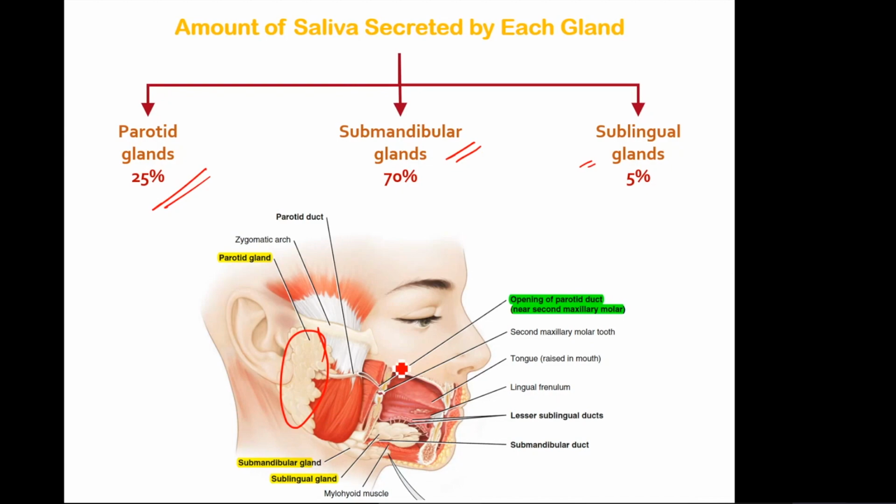But you have to know that most of the saliva is secreted from the submandibular gland, which represents about 70%, right? The parotid gland about 25%, and 5% from the sublingual gland.